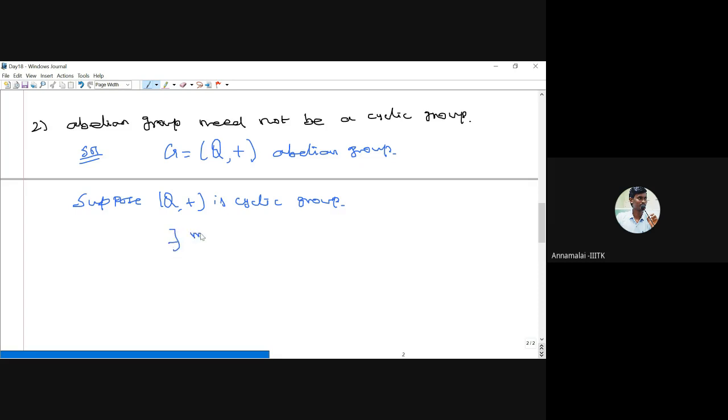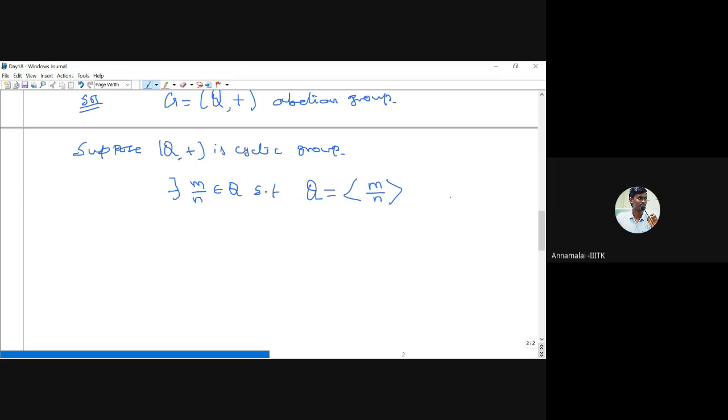So there exists a rational number m by n in Q such that Q is generated by m by n. That means if you take any element of Q, it should be a multiple of m by n. That is the definition of a cyclic group. In multiplication it would be a power of this element, but this group is with respect to addition. Therefore, any element in Q should be an integer multiple of m by n.